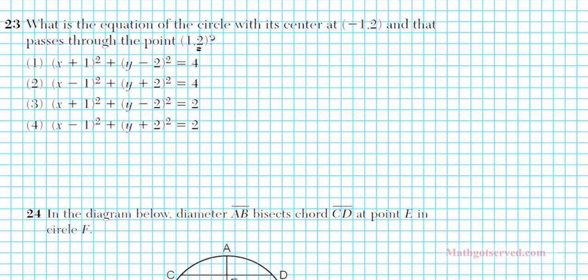All right, let's look at 23. It says, what is the equation of the circle with its center at negative 1, 2 that passes through the point 1, 2? Okay, now this is another problem involving the equation of a circle.